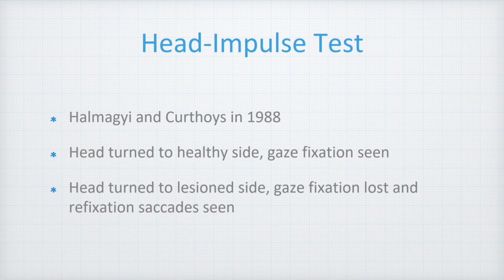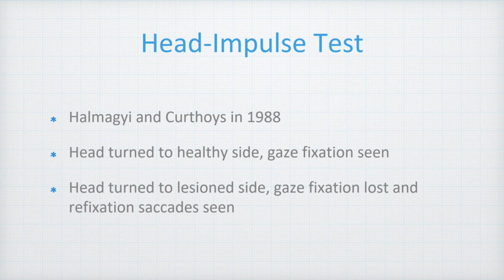Now, how are the eyes fixed on a distant object in a normal person? That we need to understand. Before we go there, let's understand what is meant by refixation saccades. So, in a patient who has a disease of the right peripheral vestibular system, right inner ear, and you have turned their head to the right side, their gaze fixation is lost. Their eyes have moved to the right. But the body has realized that the eyes should not have moved.